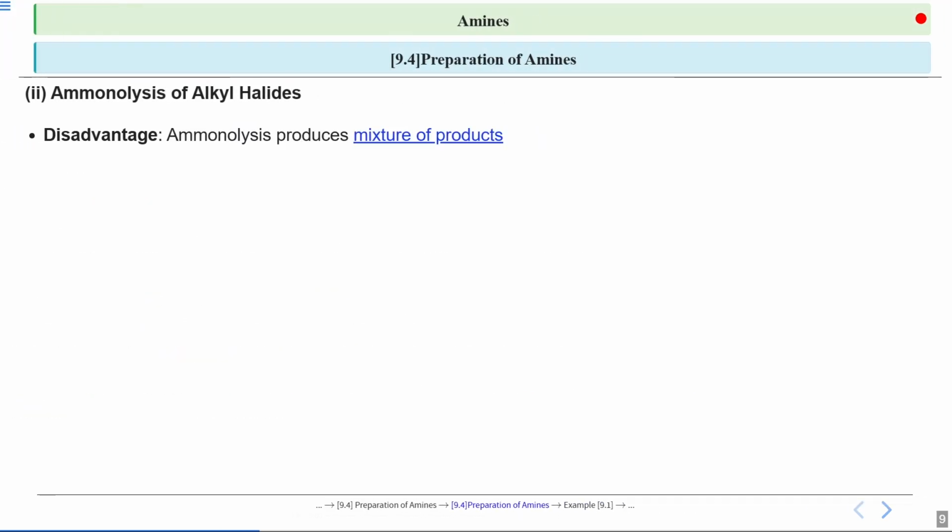Now here is the main disadvantage of ammonolysis. The disadvantage is that it produces a mixture of products. This means instead of getting only one type of amine, we end up with several different amines. This can make it harder to isolate the specific compound which we want. If you see the sequence of reactions, we have a primary amine.